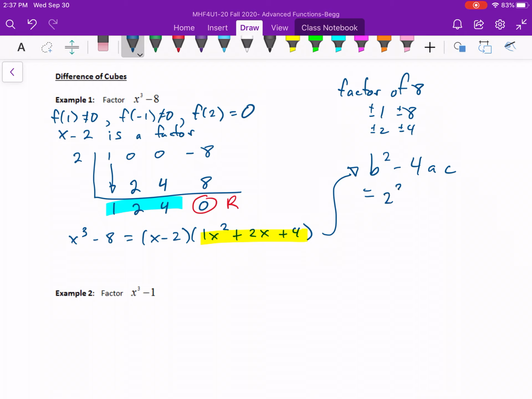So that would be 2 squared minus 4 times 1 times 4, which equals negative 12. And remember, when the discriminant is a negative number, that means no roots. What that's telling me is that we can't factor what I've highlighted in yellow anymore. And we can confirm that on Desmos too.